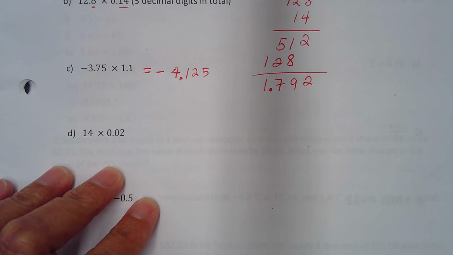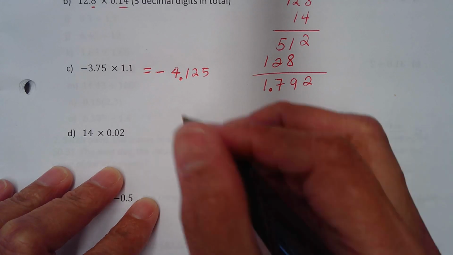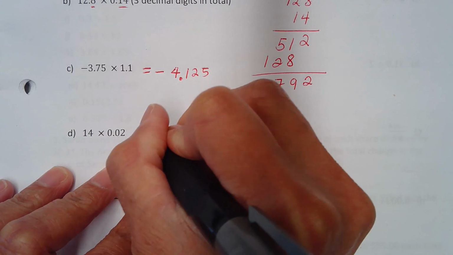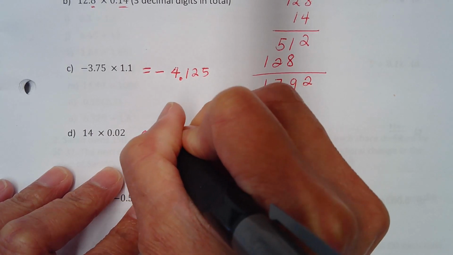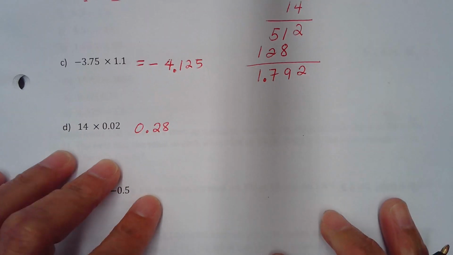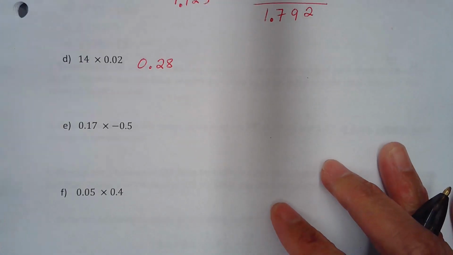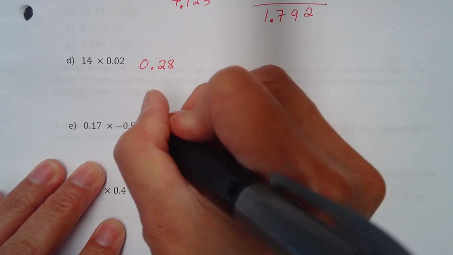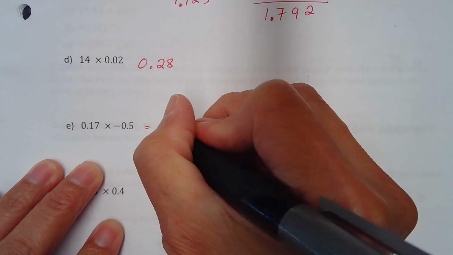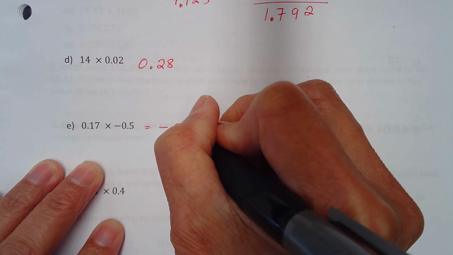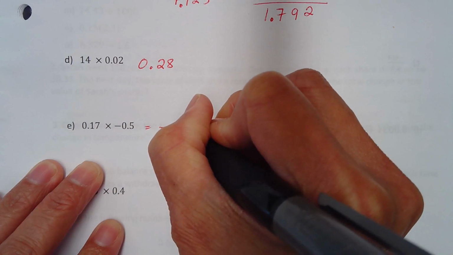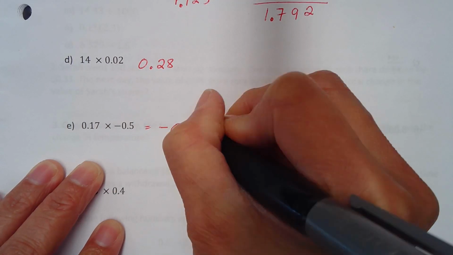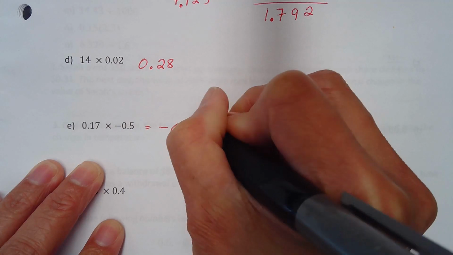Number 14, what would it be? 0.28. Yeah, nice. The next one. Negative 0.85.